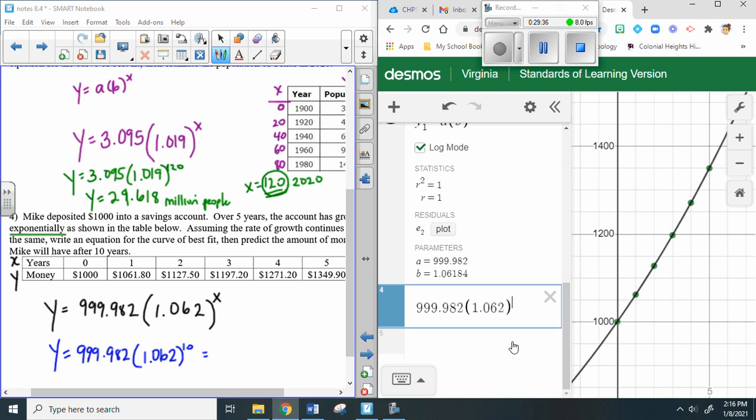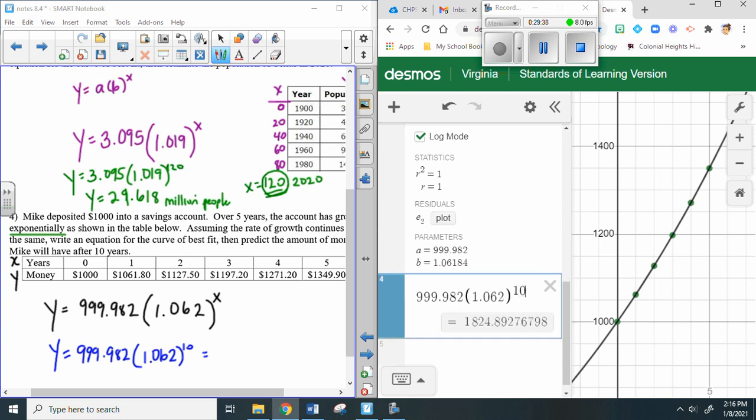We want to raise it to the 10th. All right. And then last but not least, when you write down the answer, usually you are going to round to 3 places. But in this case, the answer is money, right? This is how much money he has in his account. So you can only keep 2 decimal places. All right, so that's one of the little details that you have to pay attention to.